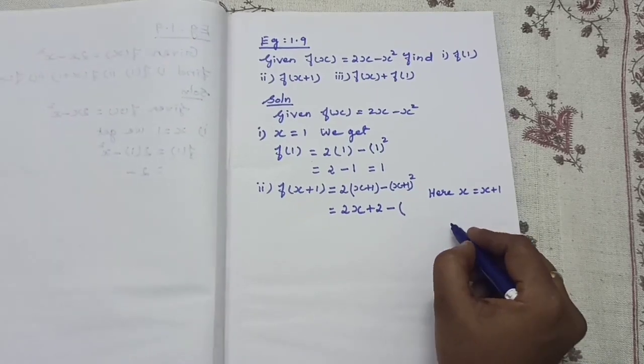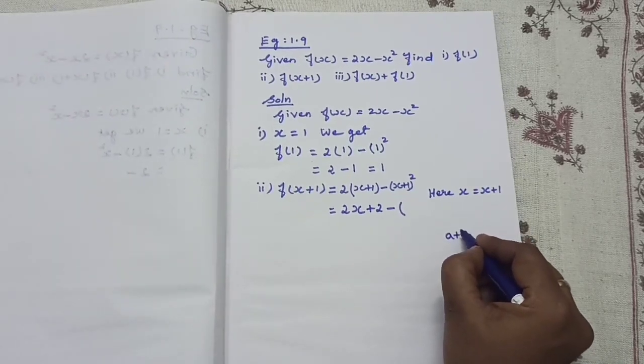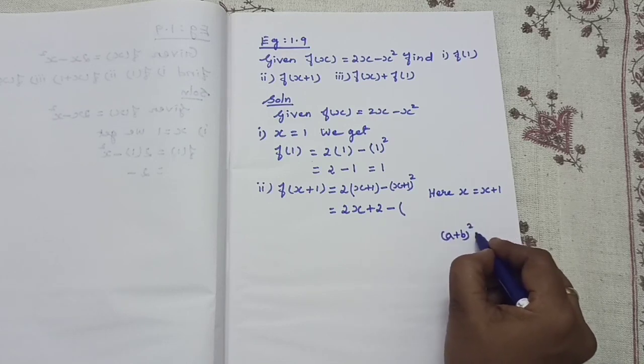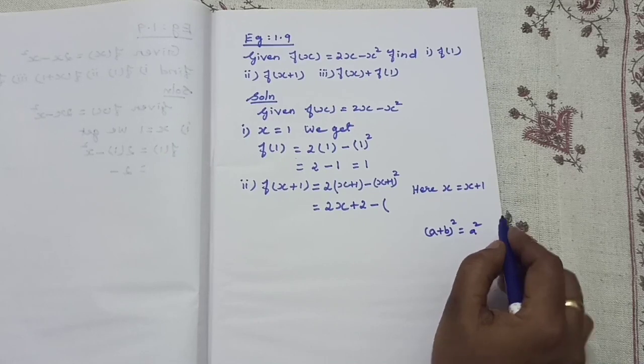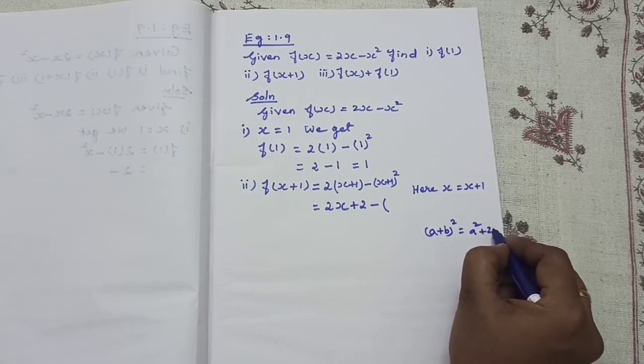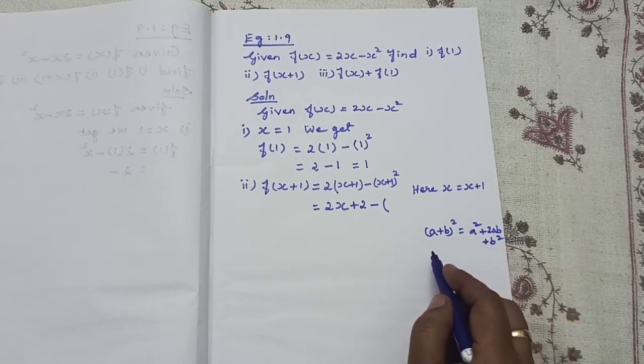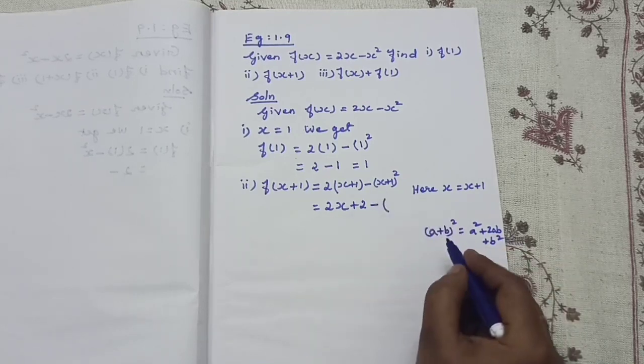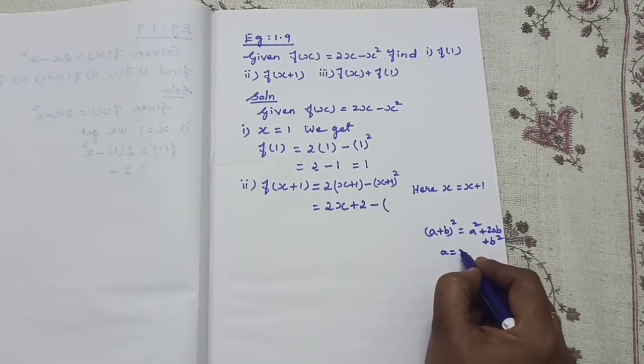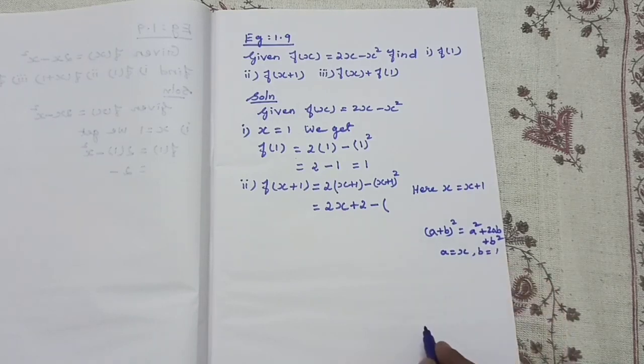A plus b the whole square is equal to a square plus 2ab plus b square. Here instead of a, what is given? A is equal to x, then b is equal to 1, isn't it?